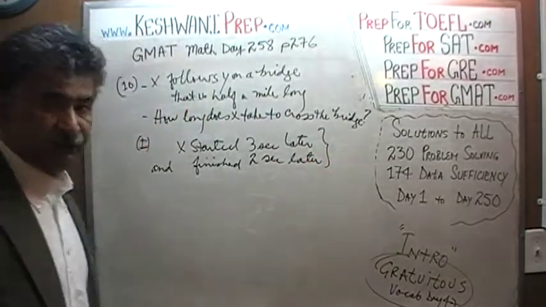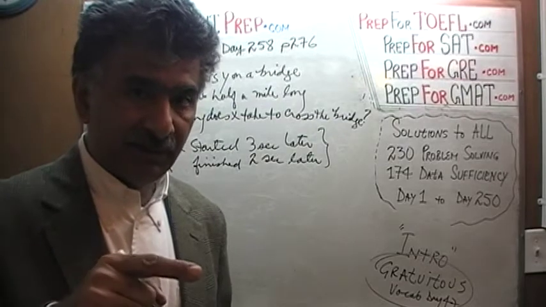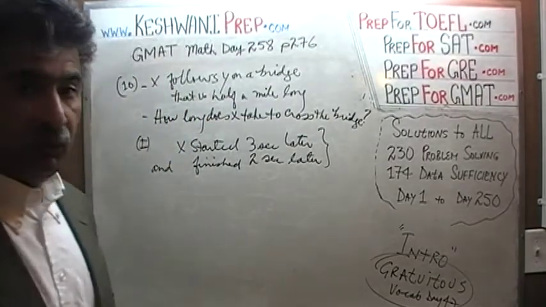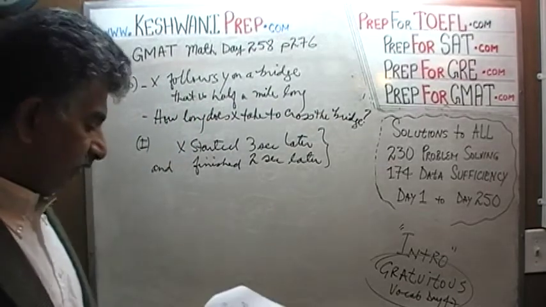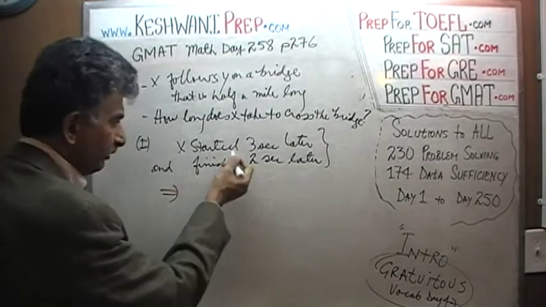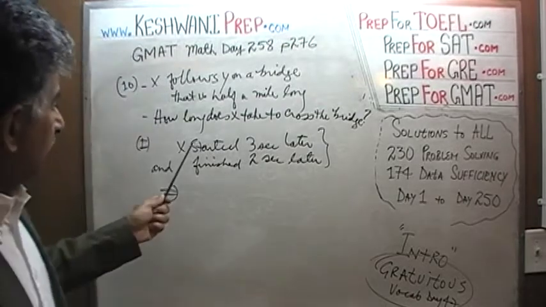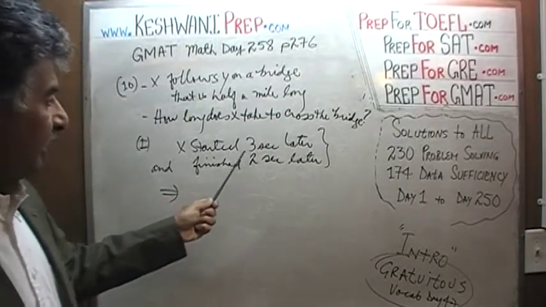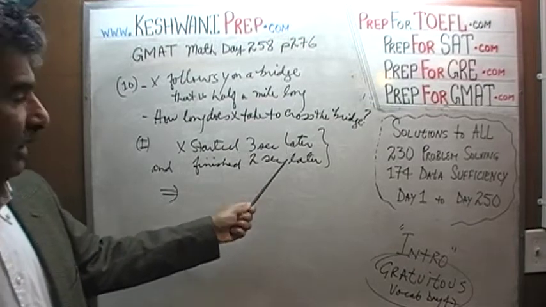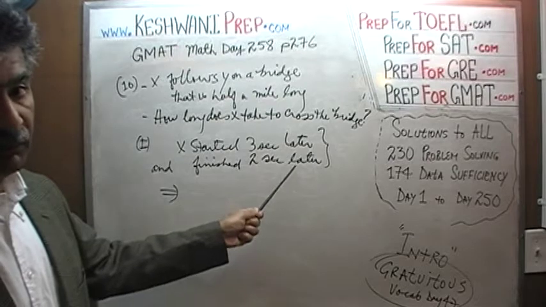We are told that this x guy got on the bridge 3 seconds after y did, and he got off the bridge 2 seconds later. What does it tell us? If he had started 2 seconds later than the other guy, and if he had finished 2 seconds later than the other guy, that would have implied that they both took the same amount of time.